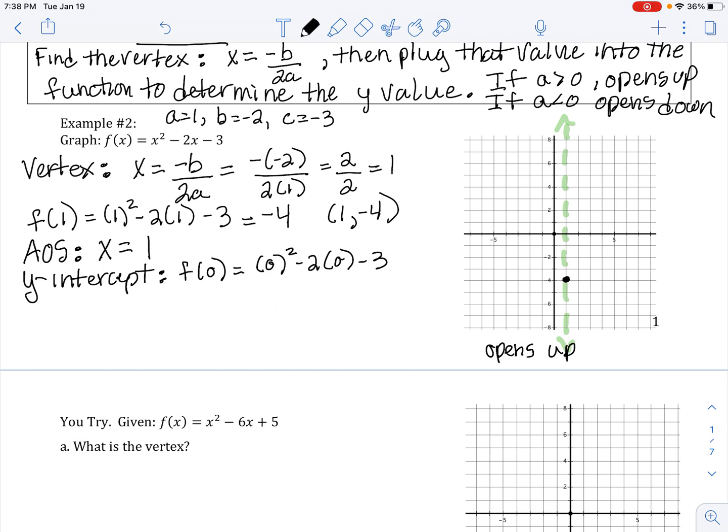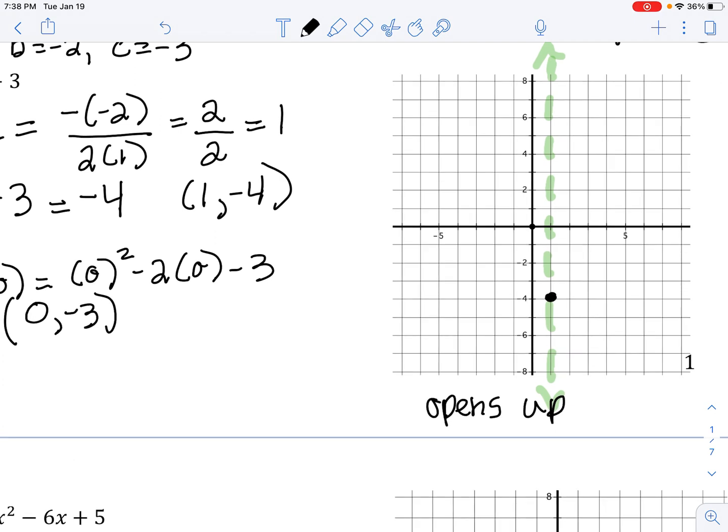And again, utilize your calculator, and that's going to give you negative 3. So that means this is the point (0, -3). That is my y-intercept. So I'm going to go to that point, (0, -3), and plot it. Now I have just plotted my y-intercept.